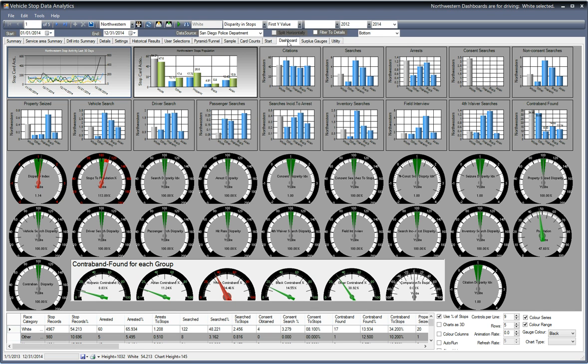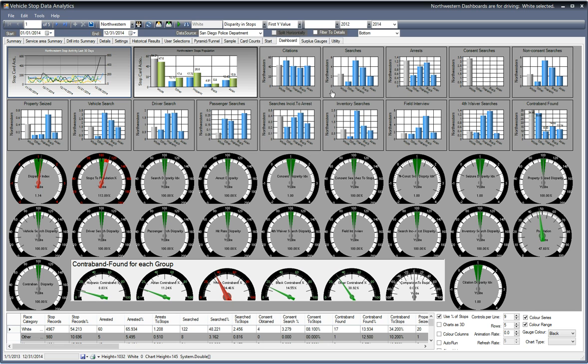Here, the first group that we examined is the group that has been given the name white. Whites are the basis for comparison inasmuch as they are the majority group.